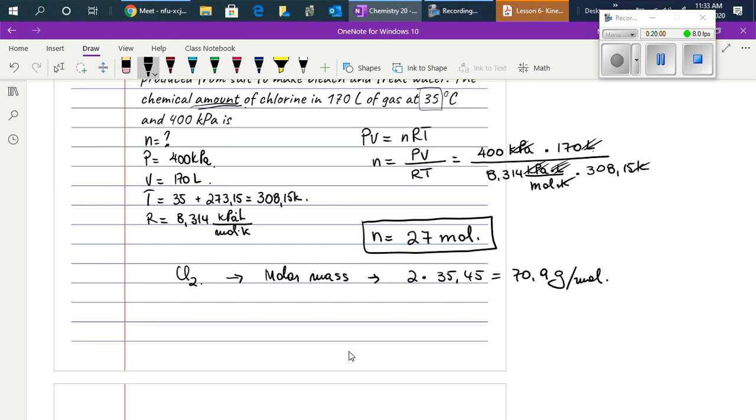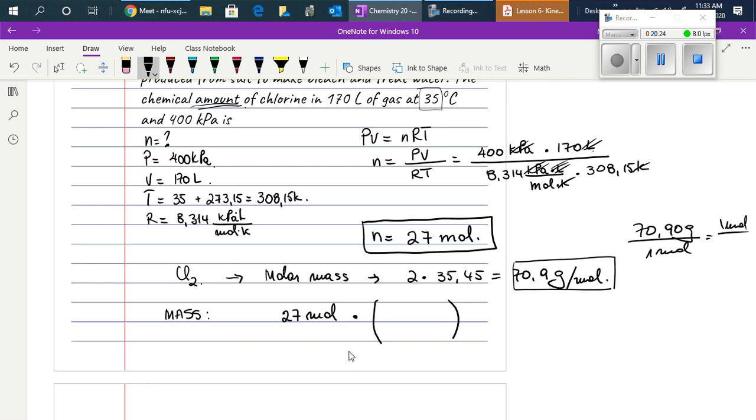And if we are finding the mass, then we will go 27 moles that we have here times this number, as we have been mentioning often, 70.90 grams is 1 mole, or 1 mole of chlorine gas is 70.90 grams.